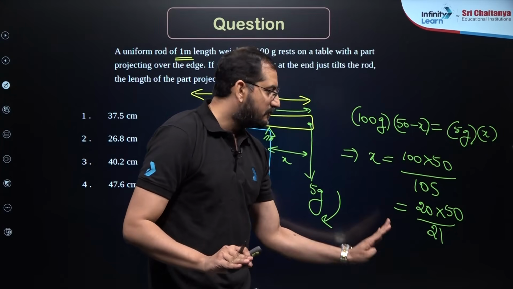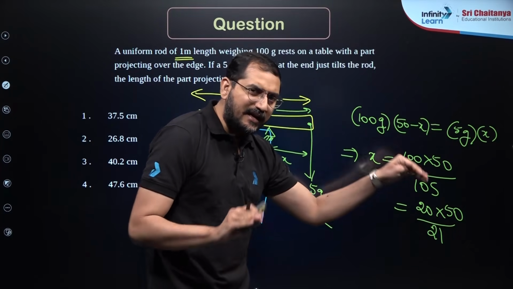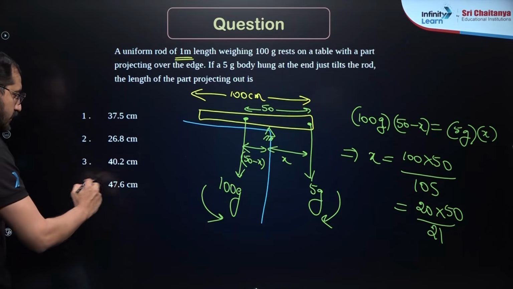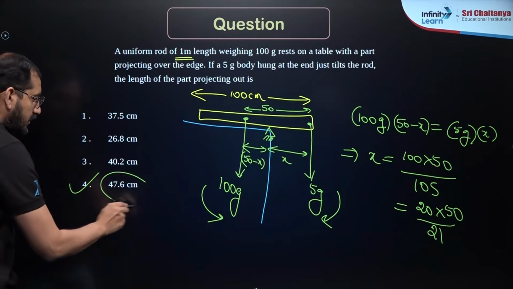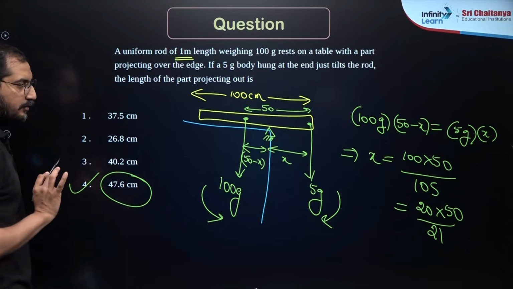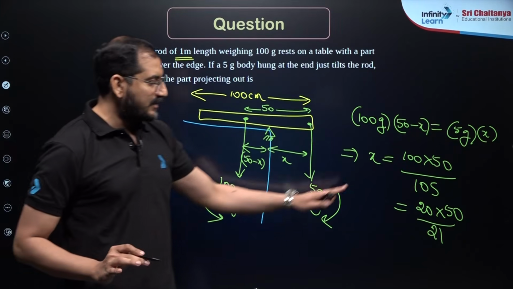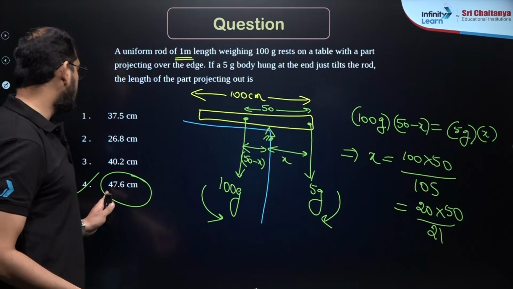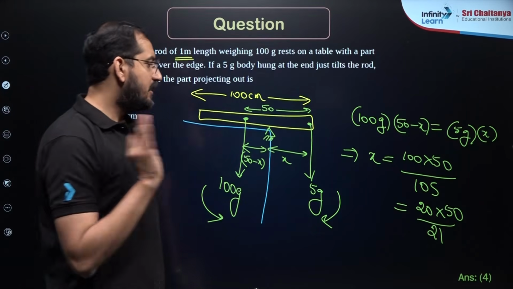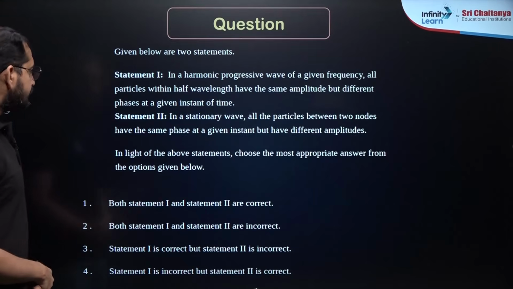It means that my answer will be slightly lower than 50. Let's look for the option. The closest answer lower than 50 and also nearer to 50 is this value. So without doing the actual calculation, I am directly saying that 47.6 is going to be the correct answer. You can use a calculator and find out the correct answer.